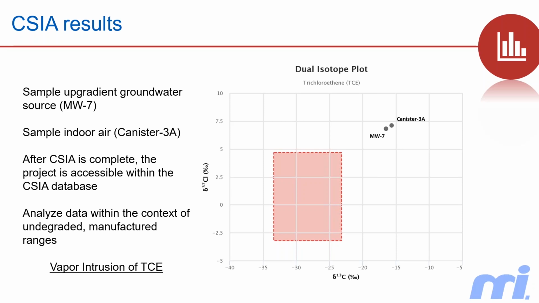And then we can also see from this plot that the TCE at MW7 has undergone degradation between that well and the indoor air. So it may have undergone degradation through the groundwater and may have occurred through the vadose or soil pores on the way up. But it does appear, in fact, to be a vapor intrusion of TCE. So this is when we would turn to other products to try and solve those issues as well.